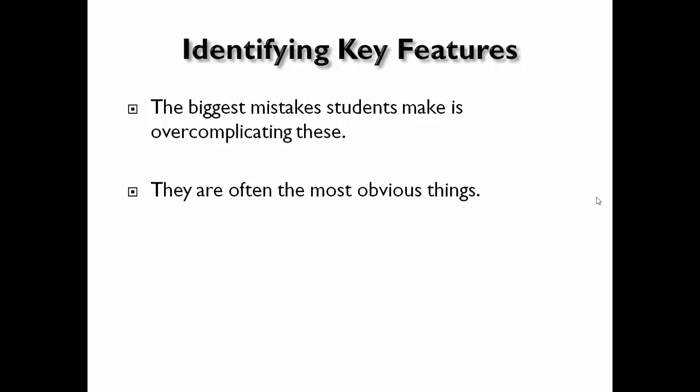Students think that IELTS is very, very difficult, therefore the answers to the question must be difficult, they must be complicated, the answers must be complex. In task 1, the key features will be the easiest things to spot, and for some reason students find this very difficult to understand. So I'm going to demonstrate to you with lots of examples later how you shouldn't overcomplicate these and how they are the easiest things to understand.